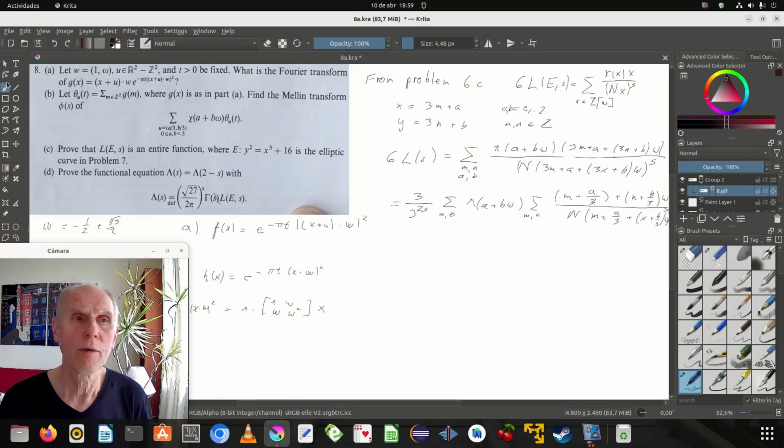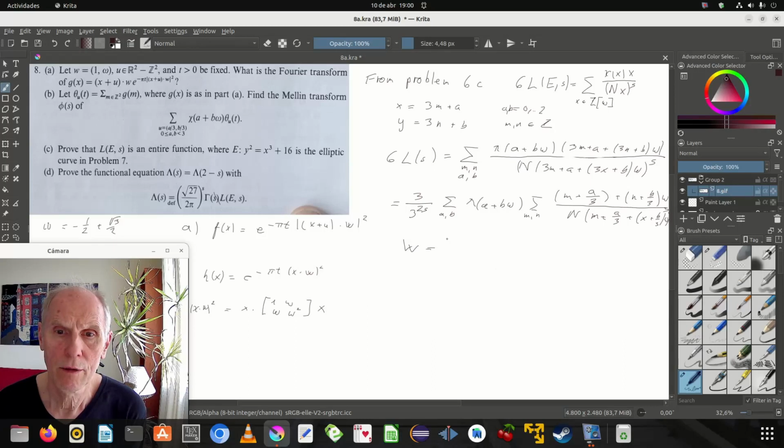You see here I'm running into a problem, because when we do this, I would like w to be 1 point, and then not omega, but a real guy, namely 1 plus square root 3 halves.